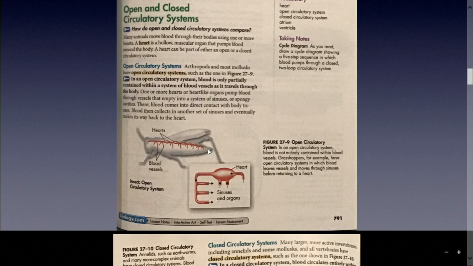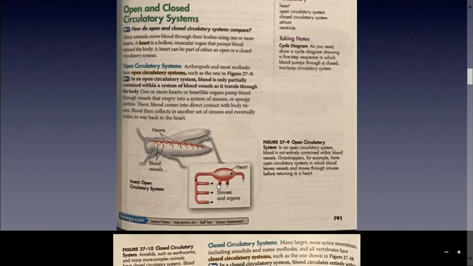Before I go into that type of system, let's remember that the open circulatory system is open in the sense that blood does not always stay contained within some vessel. Here you have the heart, and yes, the blood is contained within the heart as it pumps, and also within these vessels for some time.